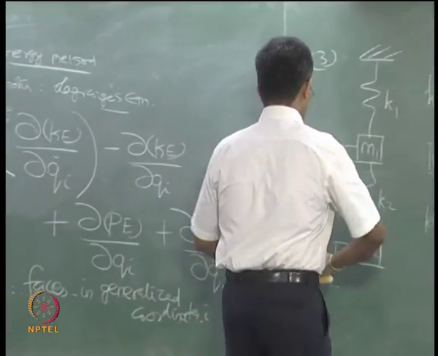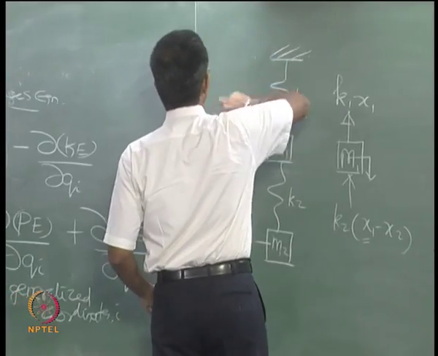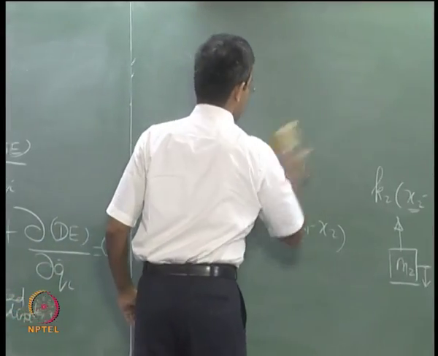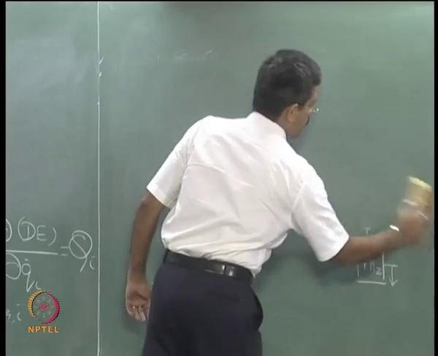Whereas kinetic energy, potential energy and dissipation energy are given by the following equations.